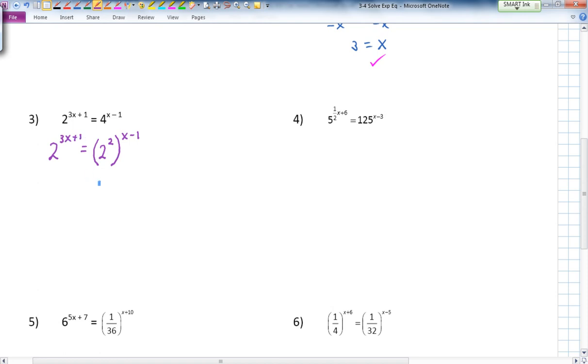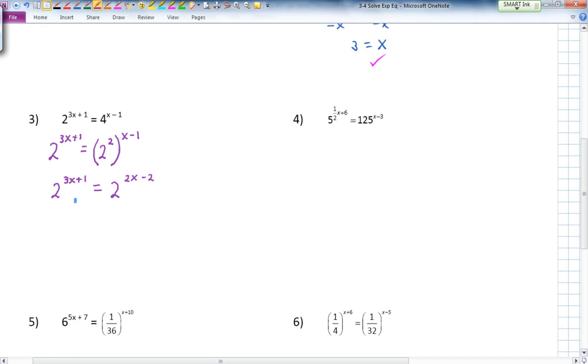On the right side, I need to combine my exponents, so I'm going to again multiply 2 times x minus 1, so I'll leave the base of 2, but now it has a different looking exponent. It's 2x minus 2. The left side stays as 2 to the power of 3x plus 1.